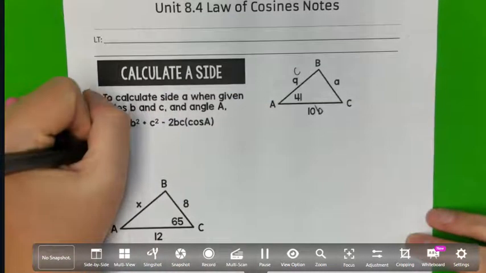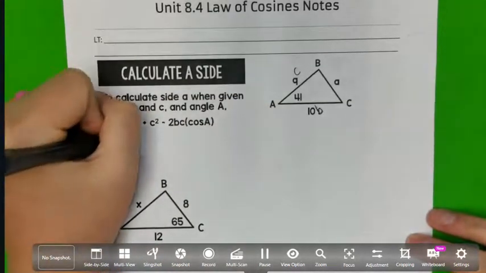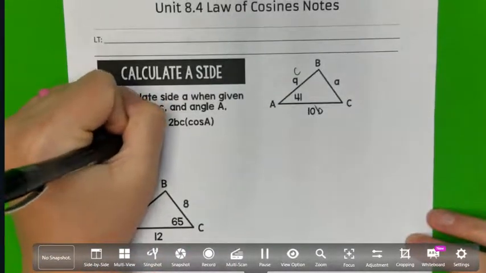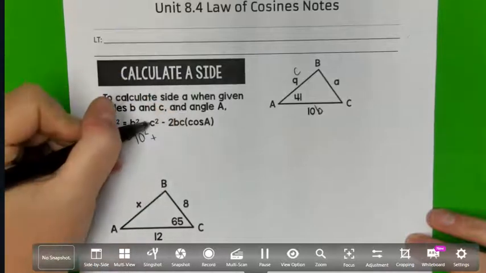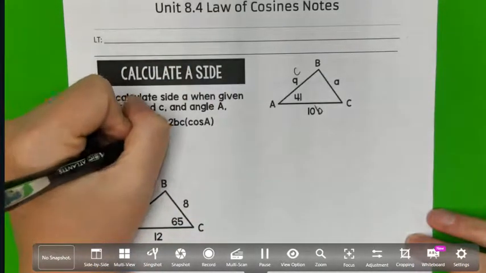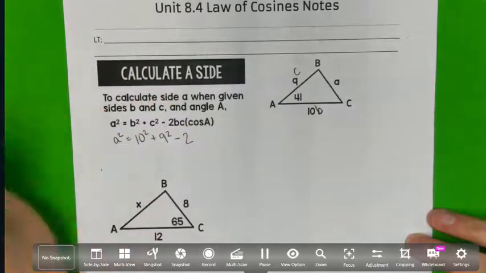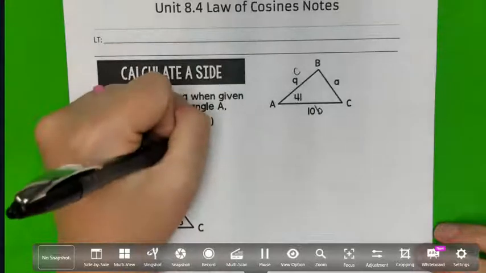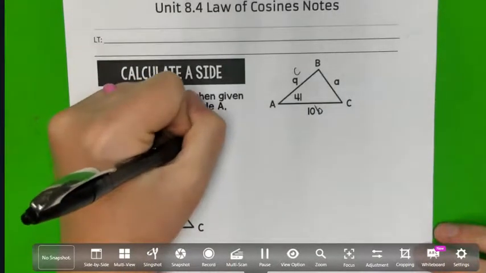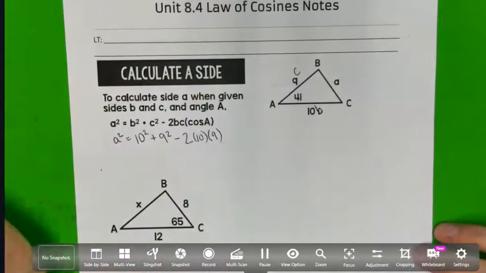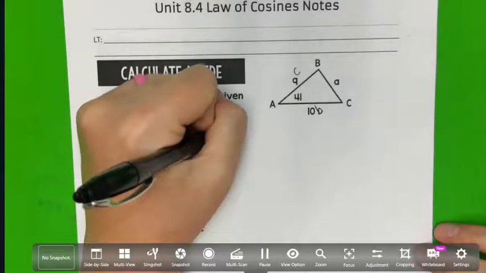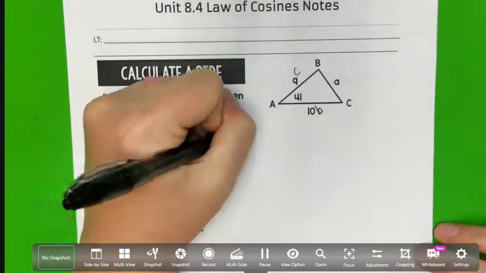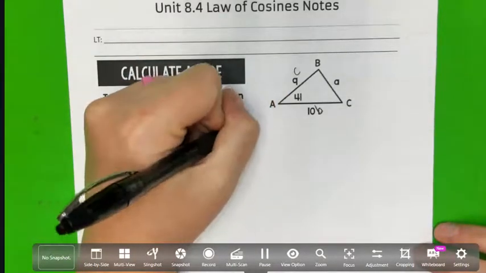So I'm going to put A squared here, and then B, which is 10 squared, plus C, which is 9 squared, minus 2 times B and C, 10 times 9, times cosine of A, and A is 41. This has to be an angle.